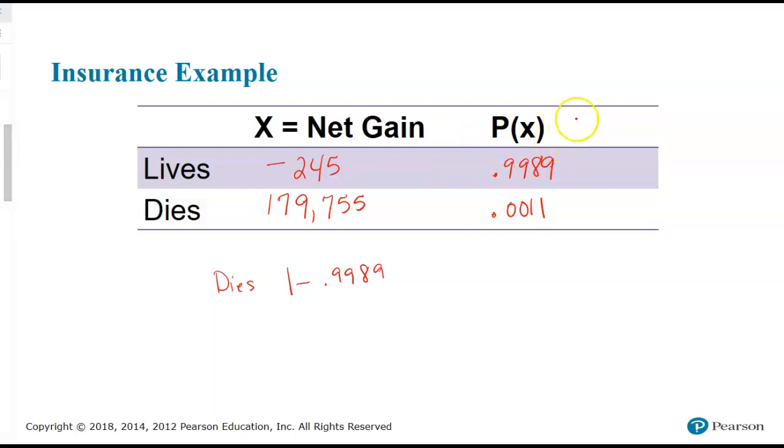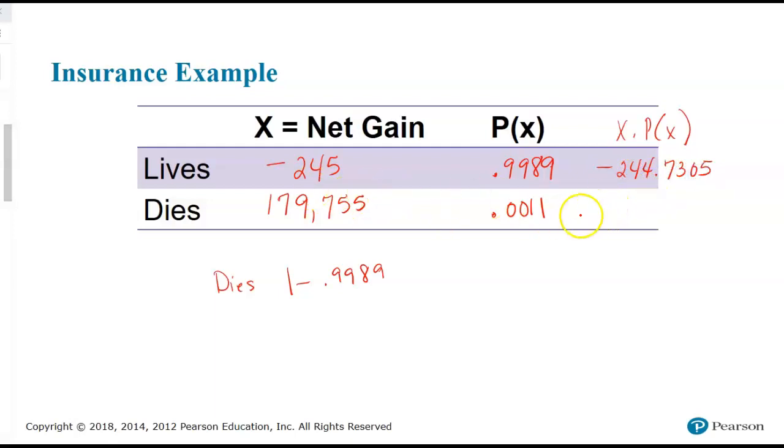Now it just becomes the routine of finding the mean. So we're going to do X times P of X. If we multiply X times P of X for the first one, this is going to be negative 244.7305.